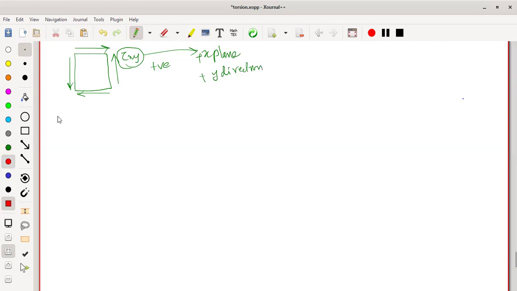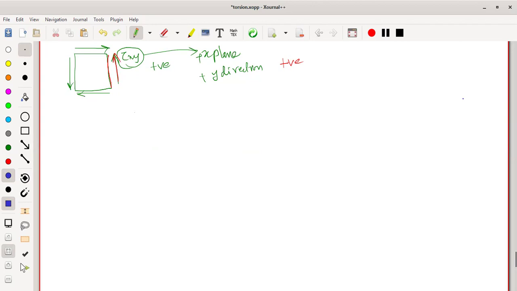So this plane you consider as the positive x plane, and this direction as the positive y direction. When both are positive, you consider it positive. If you consider the opposite, you take it as negative. So the first thing you have to know is the sign convention of shear stress.